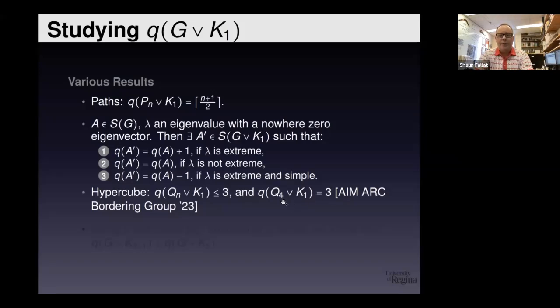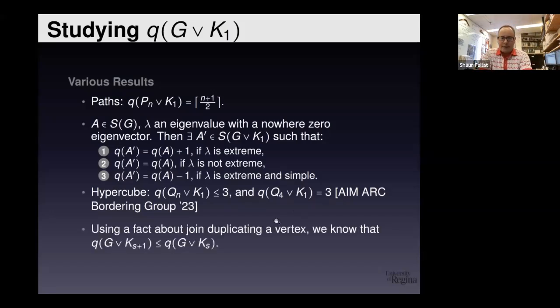Strictly increase. And then it turns out that if you join one more vertex and you keep doing this, well, there's this operation, if you will, called the join duplicating of a vertex. And it was proved in two different papers that as you join more and more vertices, the Q value suddenly starts to be monotonic.